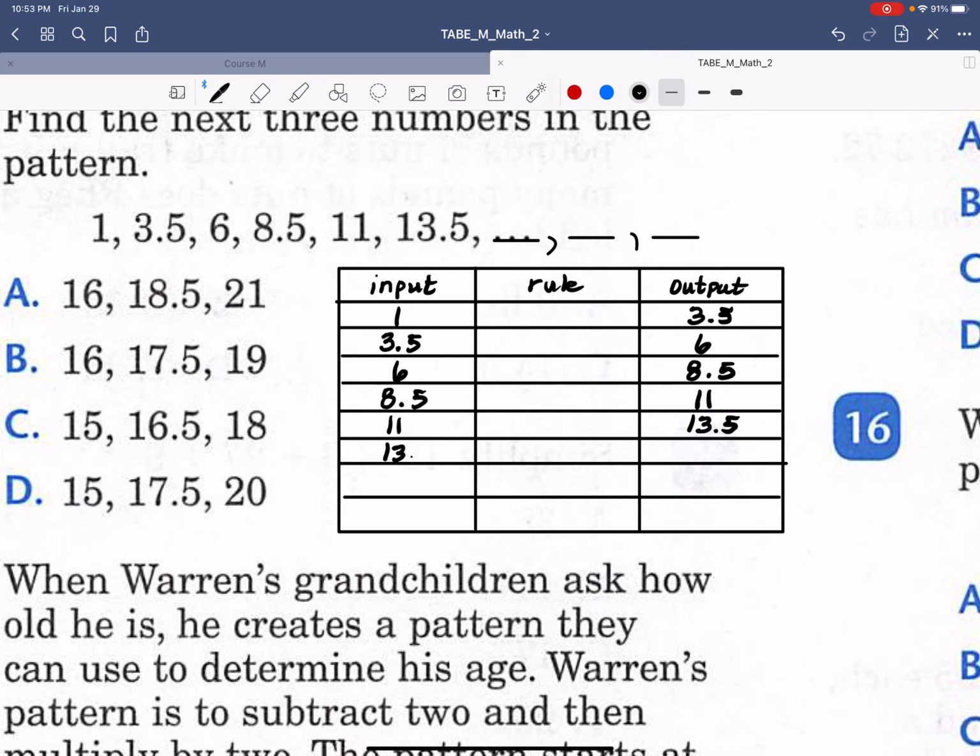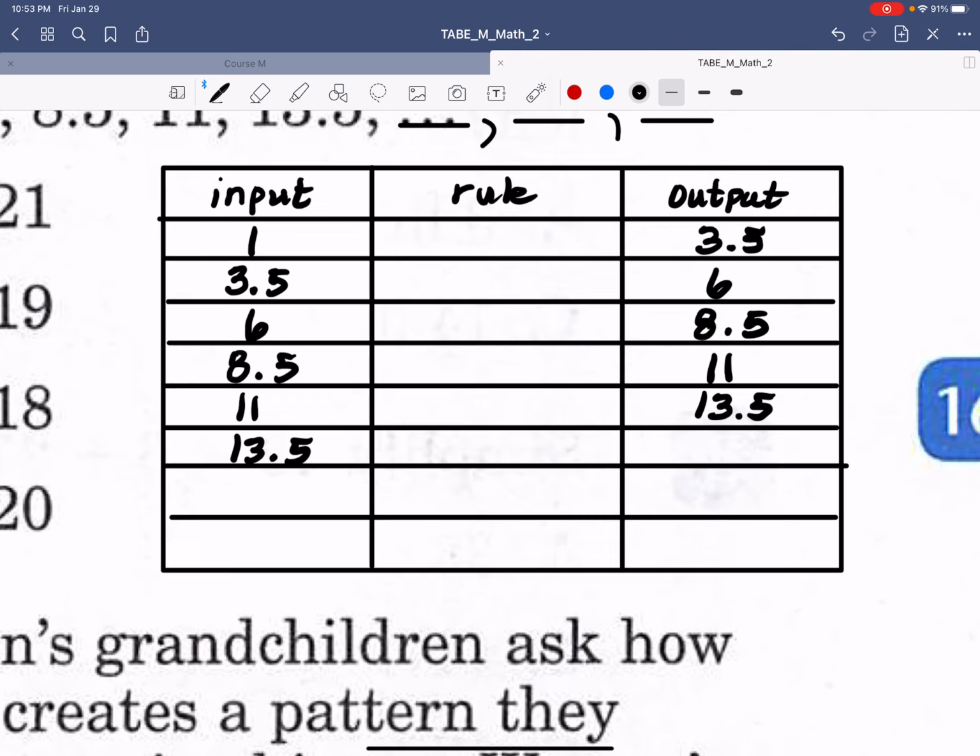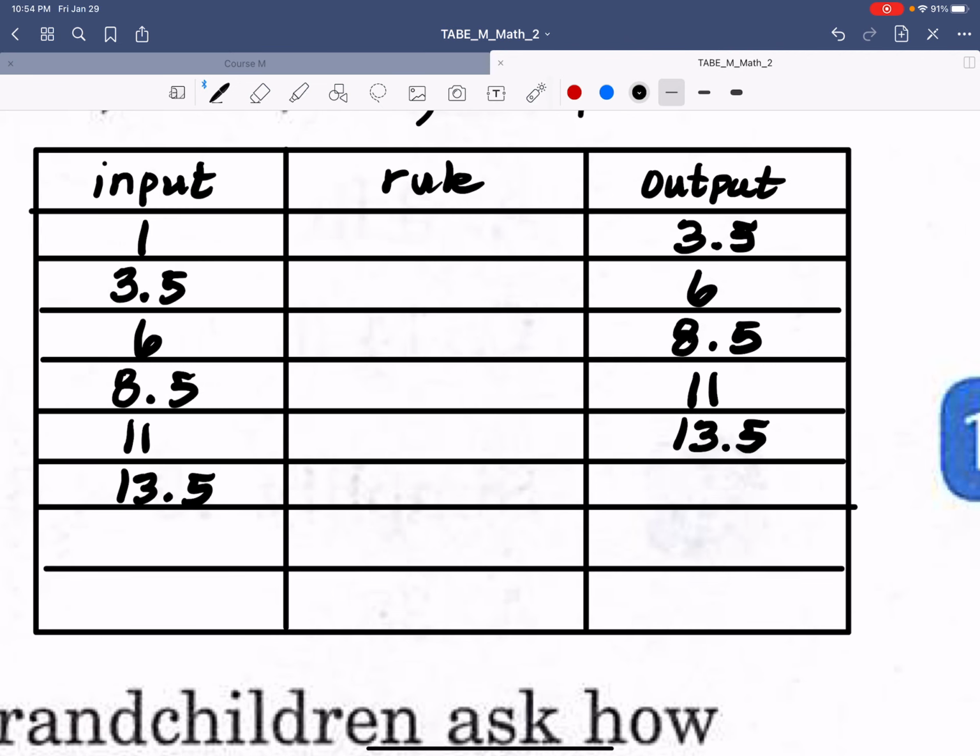And then 13.5, we do not know the output yet, but we will. This is building up, and it's not much. It's not a huge jump, so I'm going to guess that it's addition. 1 plus 2.5 would be 3.5. But let's make sure it checks out all the way.